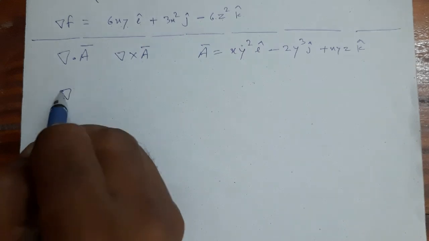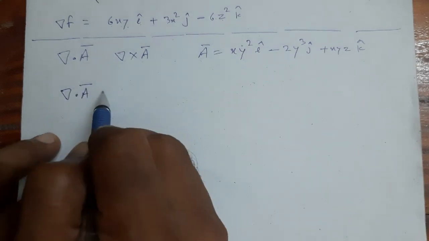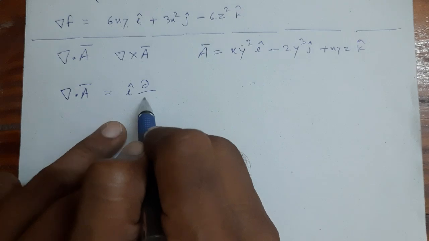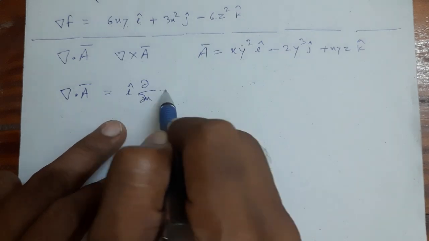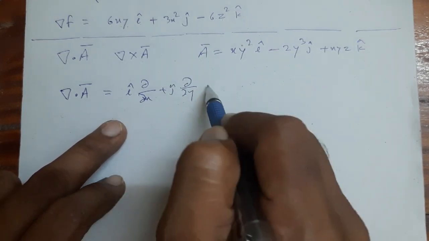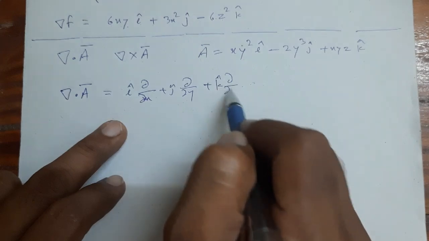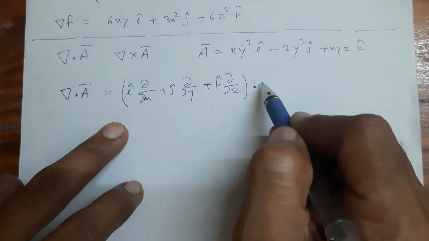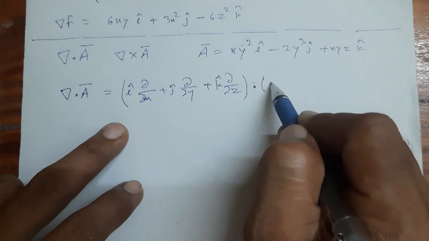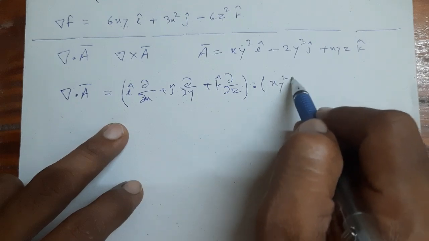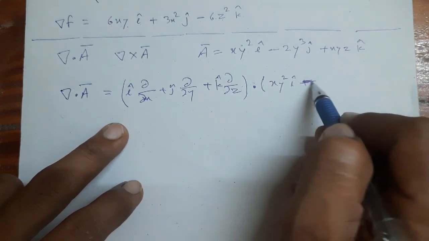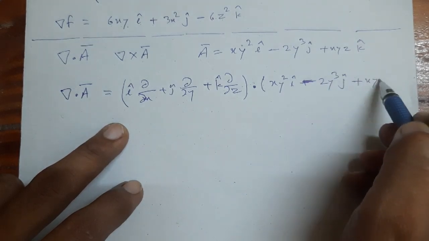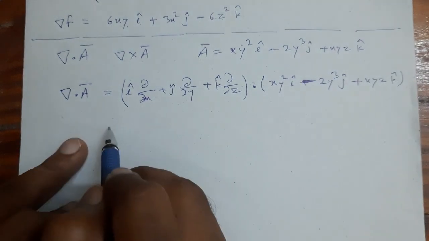Now we shall begin with the divergence of a bar, correct? Therefore I will have to write the del operator i cap dou by dou x plus j cap dou by dou y plus k cap dou by dou z. It is to be operated on a bar with dot product. Therefore it is xy square i cap minus 2y cube j cap plus xyz k cap.